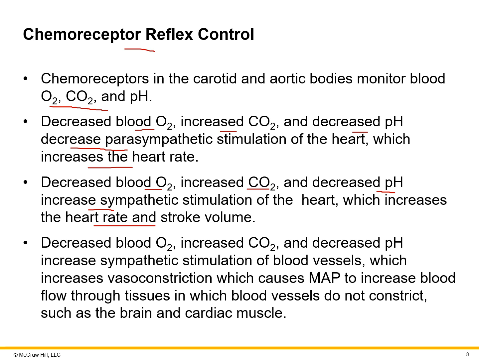Those combine to increase cardiac output and increase that MAP, the mean arterial pressure. Again, that increase in sympathetic increases vasoconstriction, which increases blood flow to tissues that are not constricted, like the brain and our cardiac muscle.